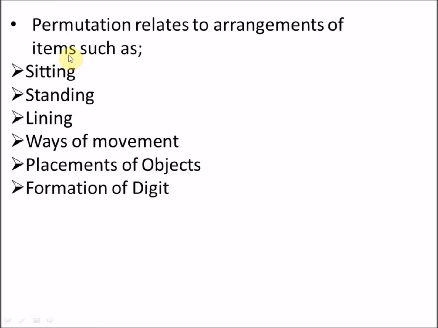When you see these words in your exam, you should know it is relating to permutation. But the major thing you look at is the word arrange. Also note that permutation involves formation of digits. When you are told to form a number from a particular set of digits, it's also permutation. And placement of objects.